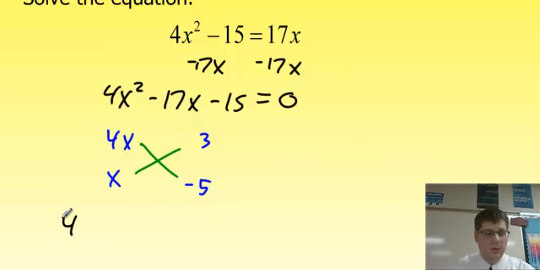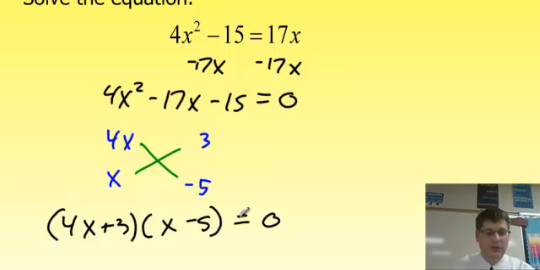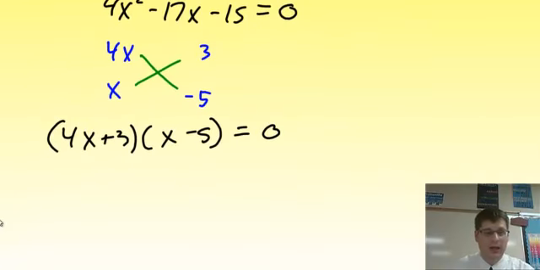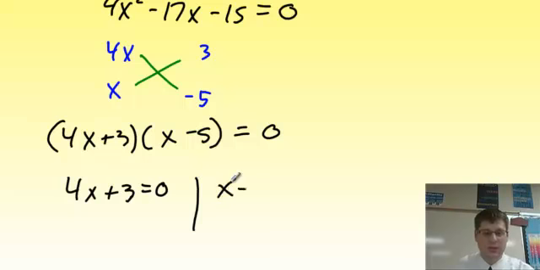Okay, so now I know that my factors are 4x plus 3 and x minus 5 equals 0. Now we're solving, so I got to set each one of these equal to 0. Either this one has to be 0 or this one has to be 0, because if either one of these equals 0, it sets the whole equation equal to 0.